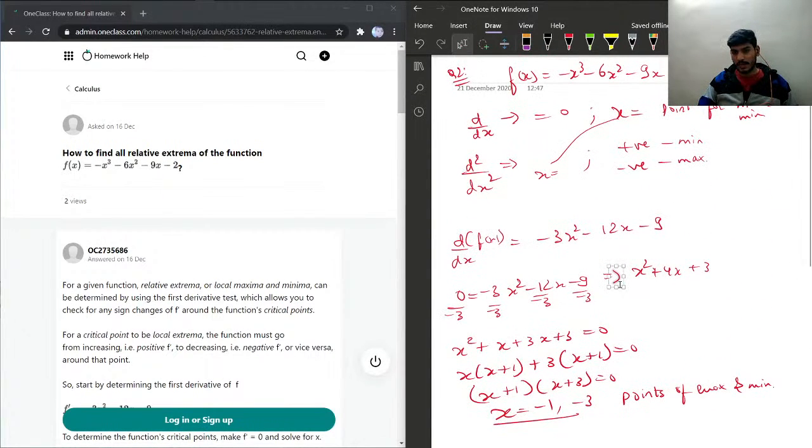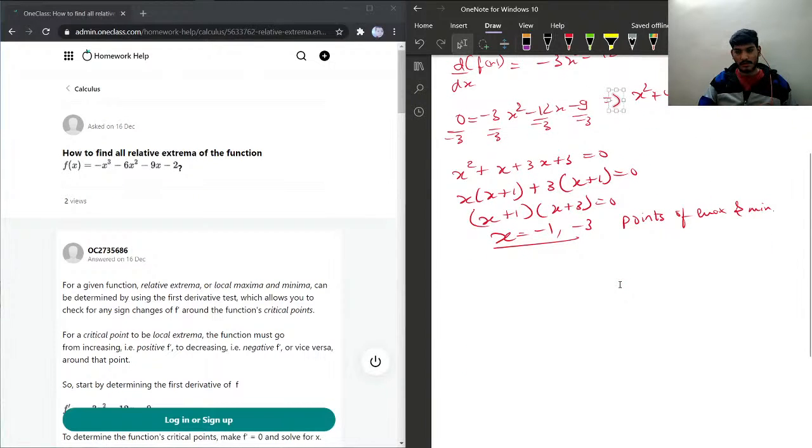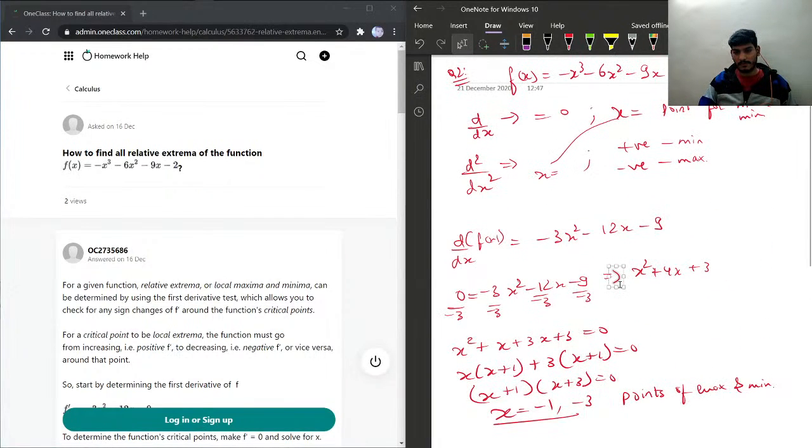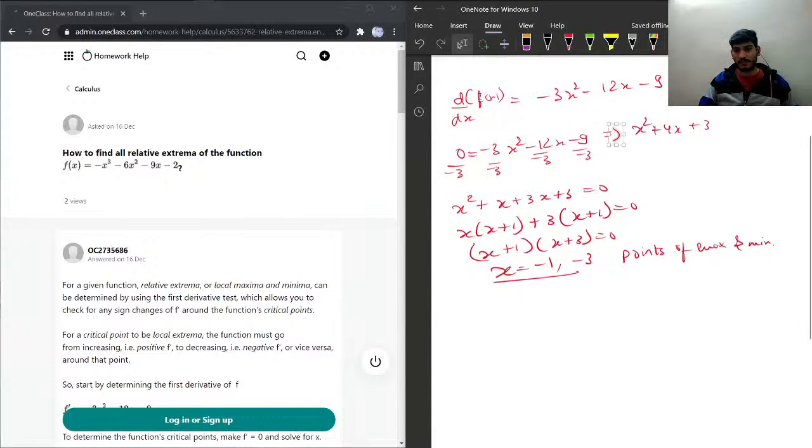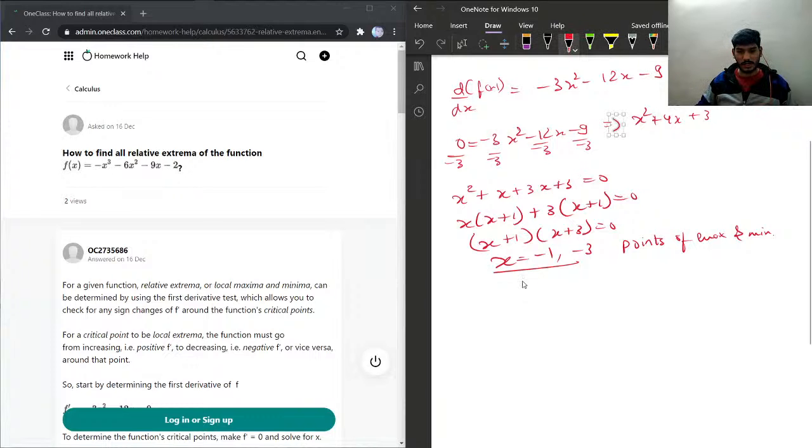Now I will take the second derivative. So this was the first derivative, and I'll take the derivative of this again. The second derivative of f of x will be minus 6x minus 12. Now for x equal to minus 1, we have minus 6 times minus 1 minus 12, so this will be negative.